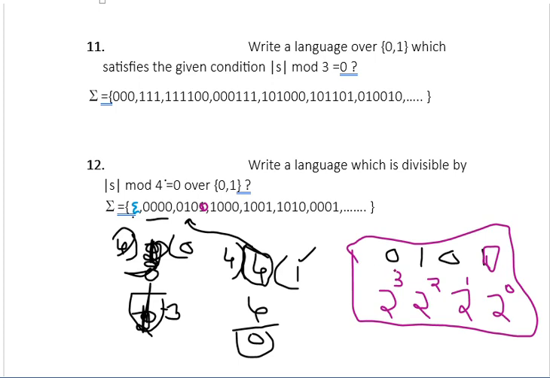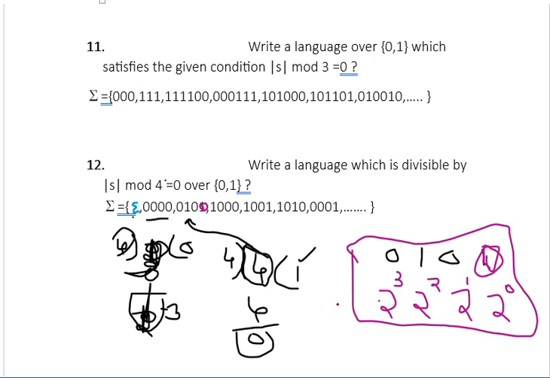If you see this number 0010, the first digit is 2 power 0, the second digit is 2 power 1, the third digit is 2 power 2, and the fourth digit will be 2 power 3, and so on.